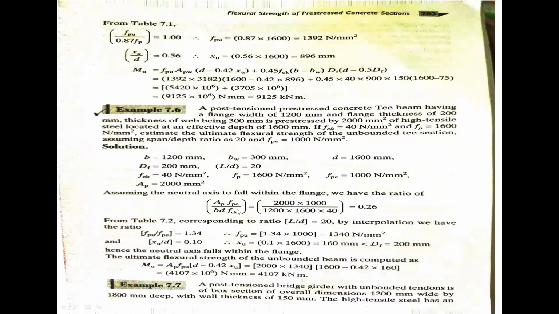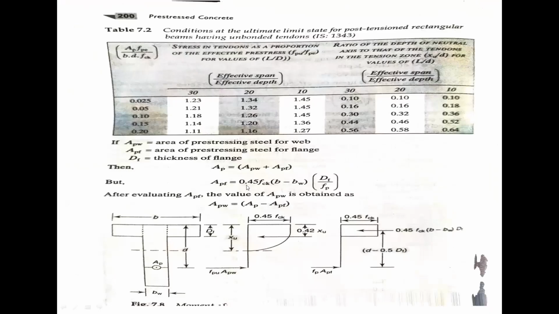You have to write the formula AP FP divided by B D FCK, already discussed for flanged sections. And the span by depth ratio is also given for tendons. L by D is 20.